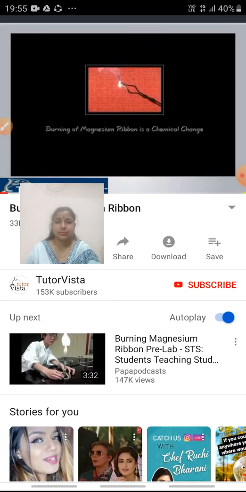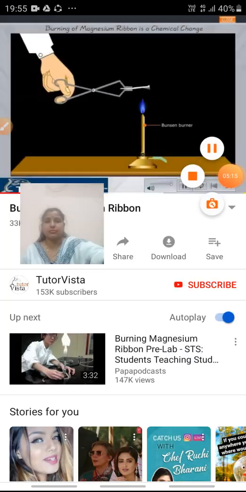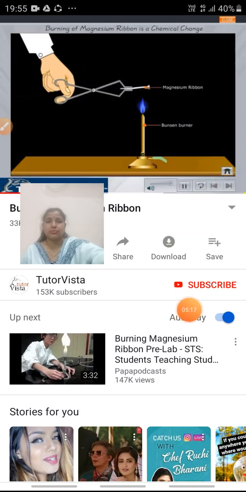Burning of magnesium ribbon is a chemical change. Take a piece of magnesium ribbon. Hold one end of it with a pair of tongs and heat the other end over the Bunsen burner or spirit lamp as shown here. It starts burning with a dazzling light and produces dense white fumes.